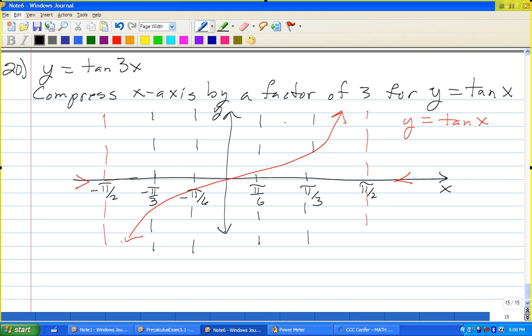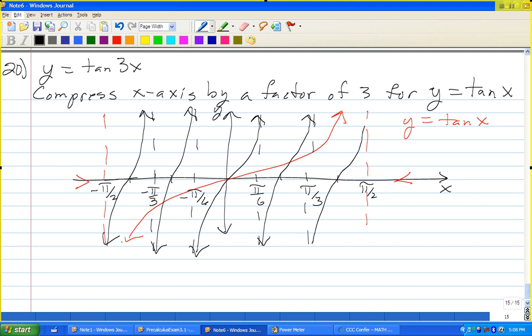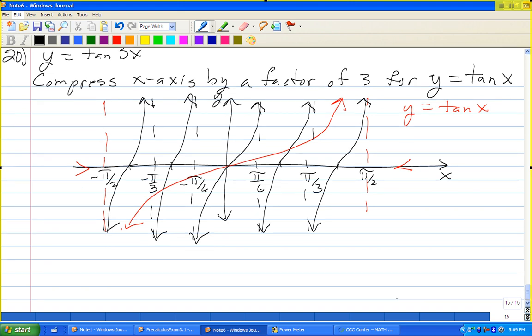Now compressing it by a factor of 3, it looks like this. Put it halfway. And so that's what it looks like. I had to make it really wide, otherwise you couldn't see anything. Any questions about that?